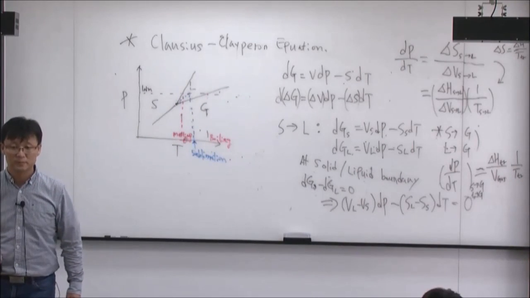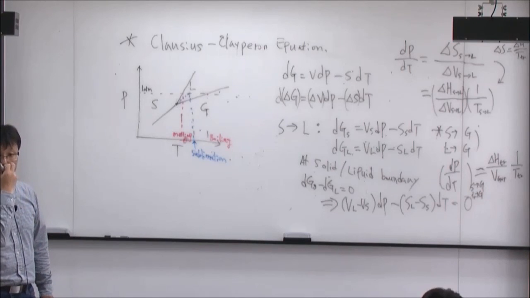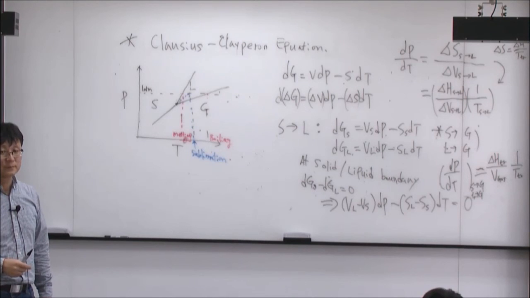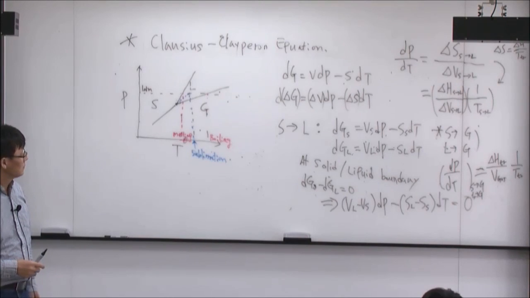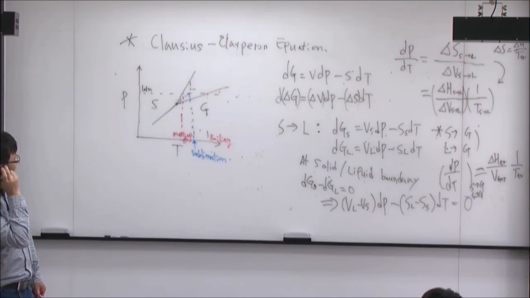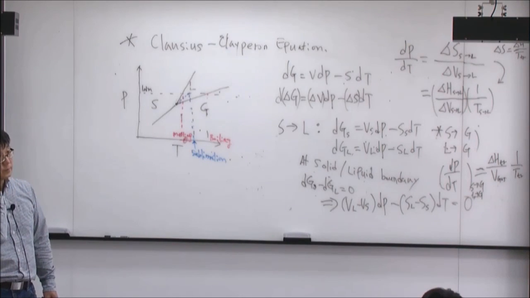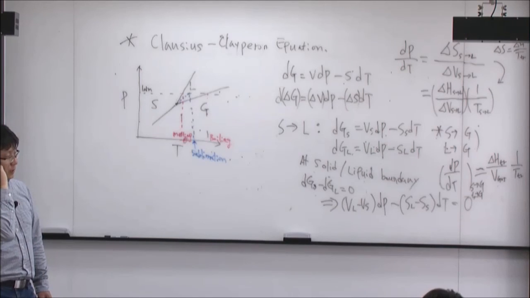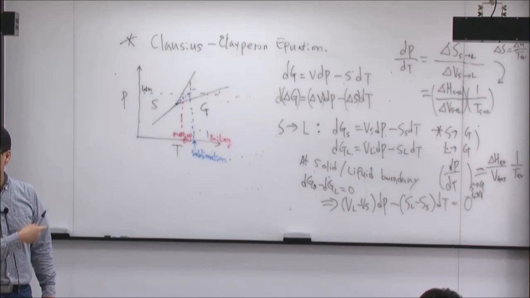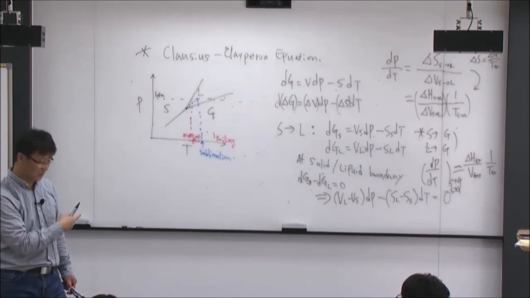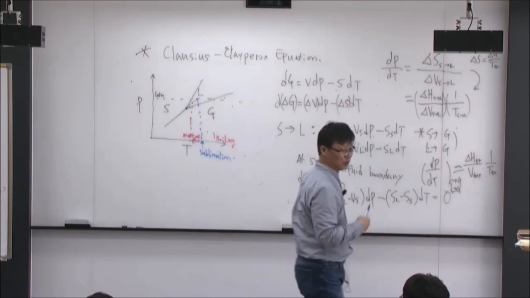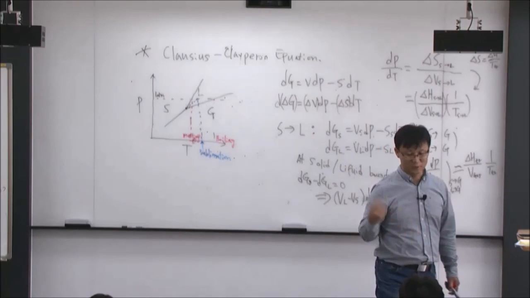Is it okay? And that's basically the Clausius-Clapeyron equation. Okay? And for you to practice this one, because I'm telling you, this was one of the 6 questions which we gave to the graduate students in the qualifying exam.